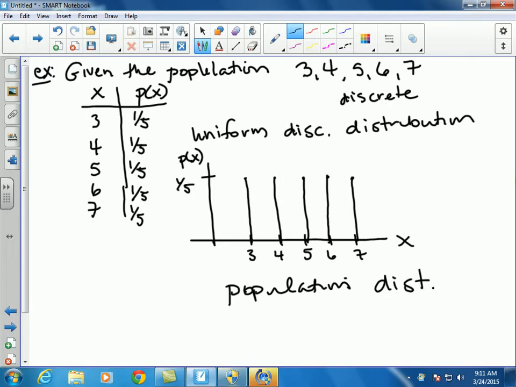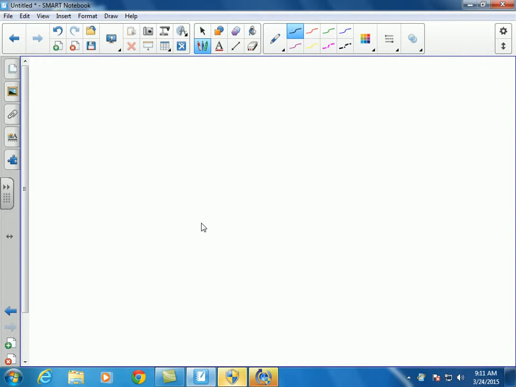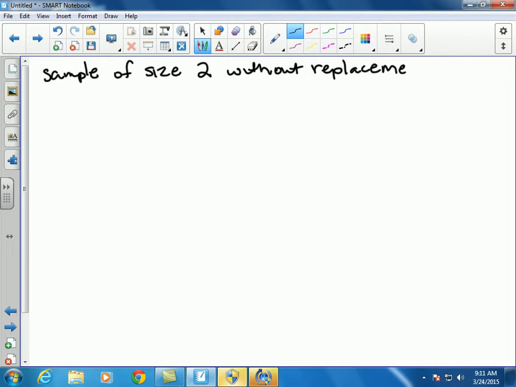Okay, now what the central limit theorem says is let's take the sampling distribution for this. I have never really shown you this before, but it's like building the probability sample space. So with that distribution, I'm going to build the sample space if I'm going to sample of size 2 without replacement.